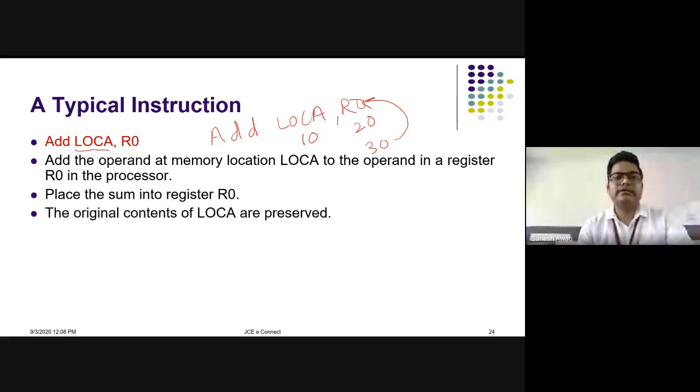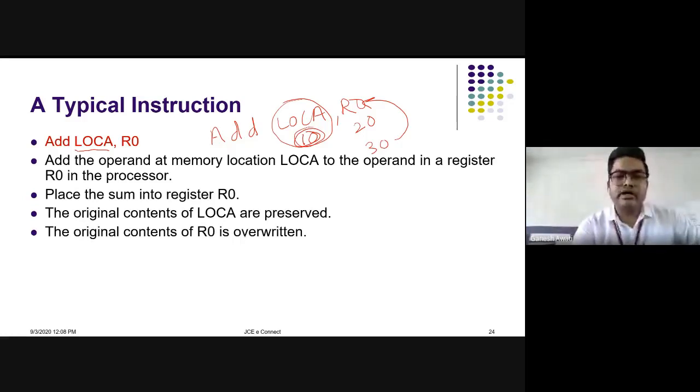The original content of the location is preserved, because it was 10 and stays as it is. The original content of R0 is overwritten: it was 20, and the new content in R0 is 30.